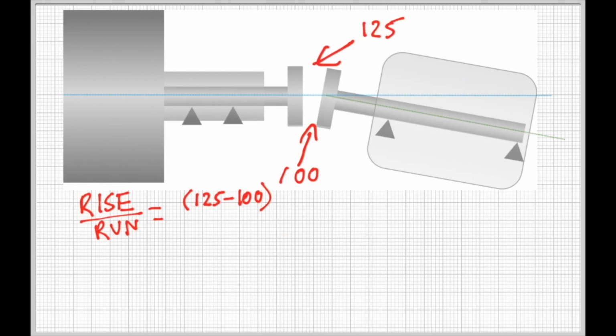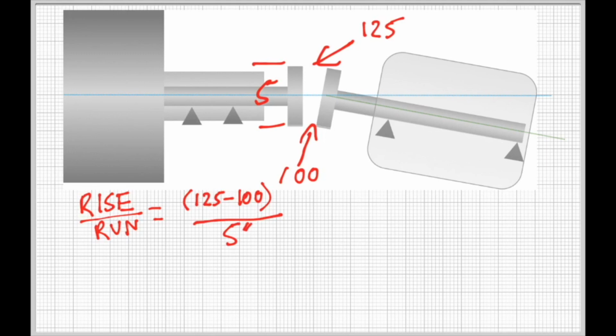If I measure the diameter of the coupling here, the point at which I use the gap gauges, and let's just for the sake of argument call that 5 inches, my slope then becomes rise over run, which is 125 minus 100, that's my rise, divided by my run, which is 5 inches.